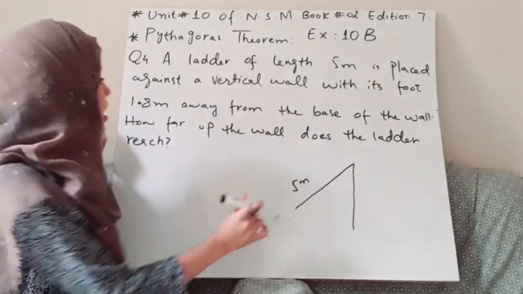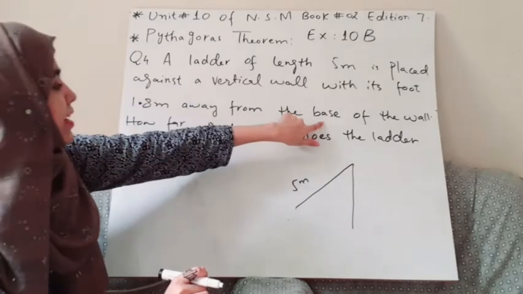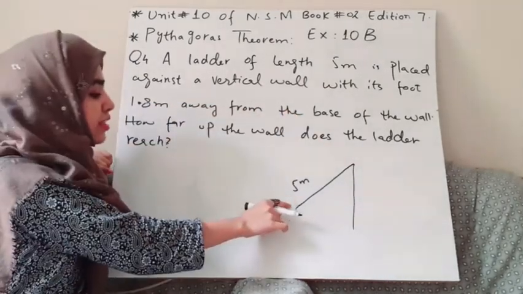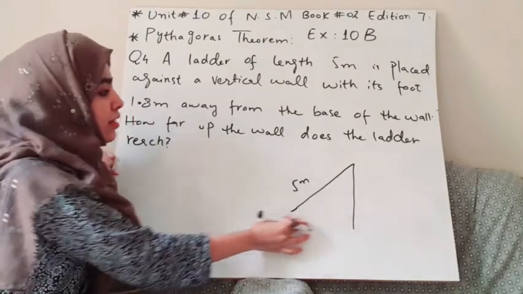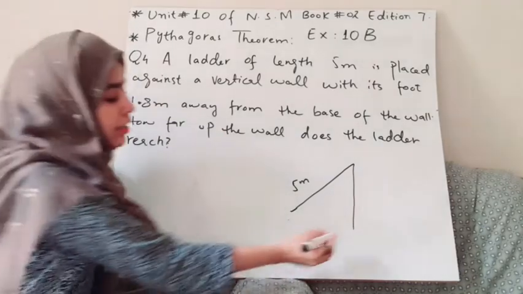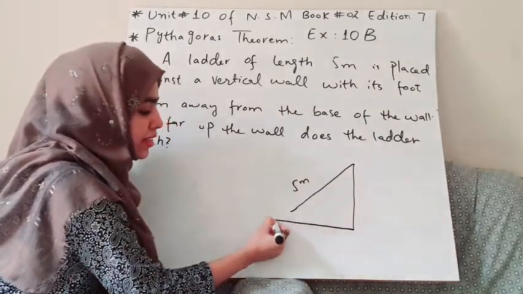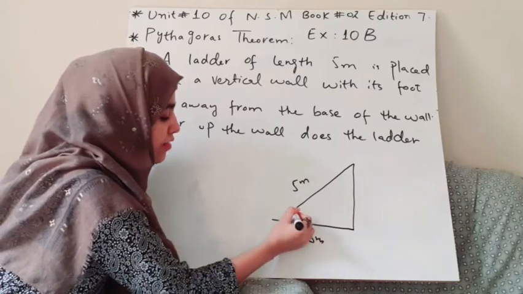A ladder of length 5 meter is placed against the vertical wall. And then they are saying with its foot 1.8 meter away from the base. The foot of this ladder is 1.8 meter away from the base of the wall. Where is the base of the wall? That is the base, that is the foot. So 1.8 meter away.